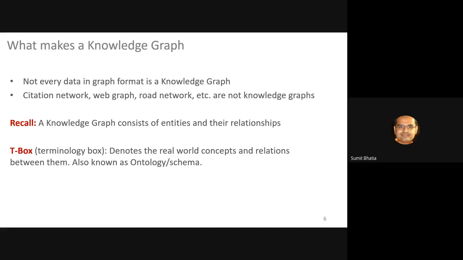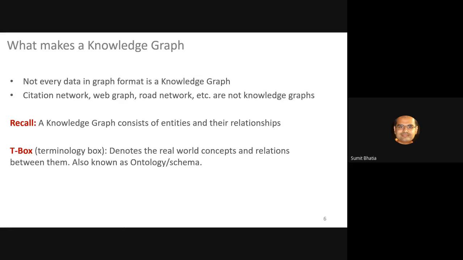So what do we mean by that? Essentially, the T box specifies what type of entities will be stored in the graph and what type of relationships can occur between the entities in the graph. So think of the T box as the definition of your classes, basically defining what the different types of classes that could be in my graph are.